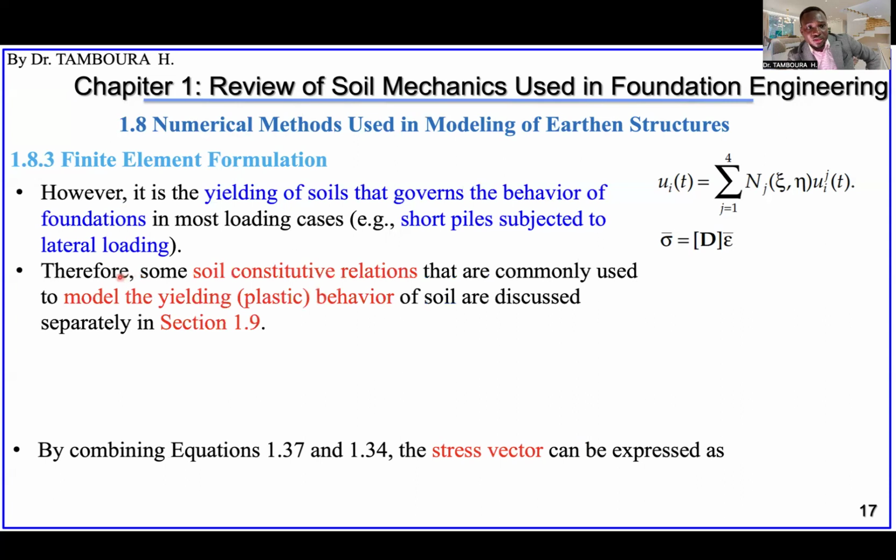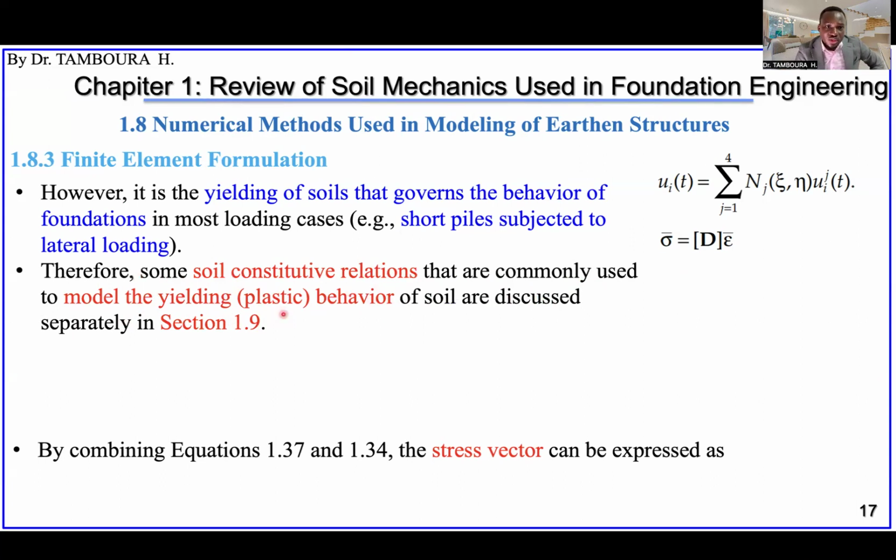This is what is governing the behavior of foundation. Because of that, some soil constitutive relations that are commonly used to model the yielding, that means the plastic behavior of soil, will be discussed in the next section.